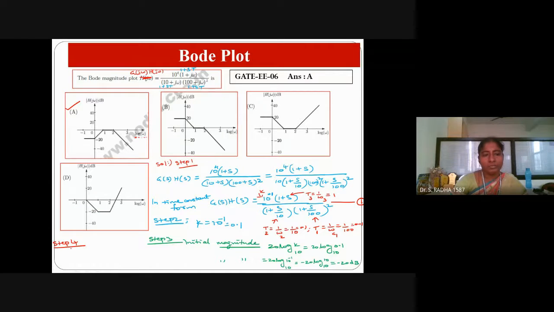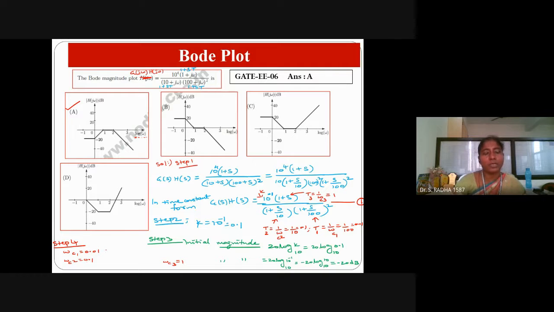I have corner frequencies omega C1 equal to 0.01, omega C2 equal to 0.1, and omega C3 equal to 1. This is C3, this is C2, and C1 is already there, 0.01.